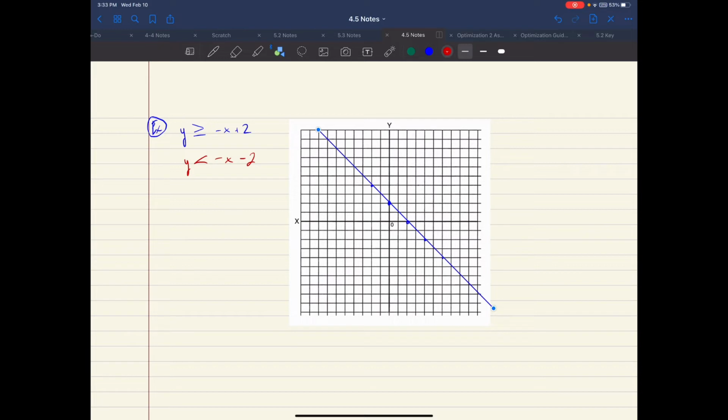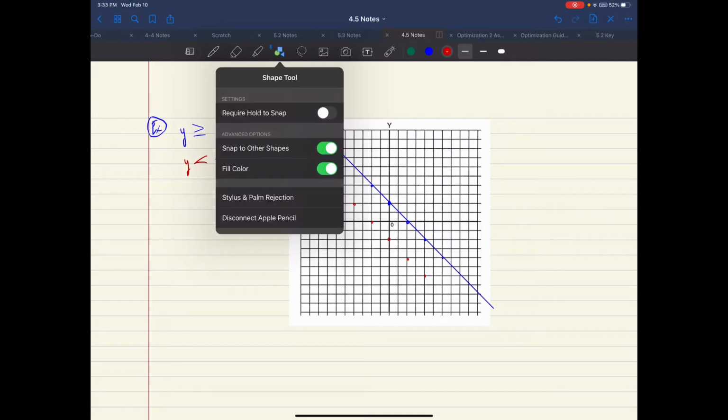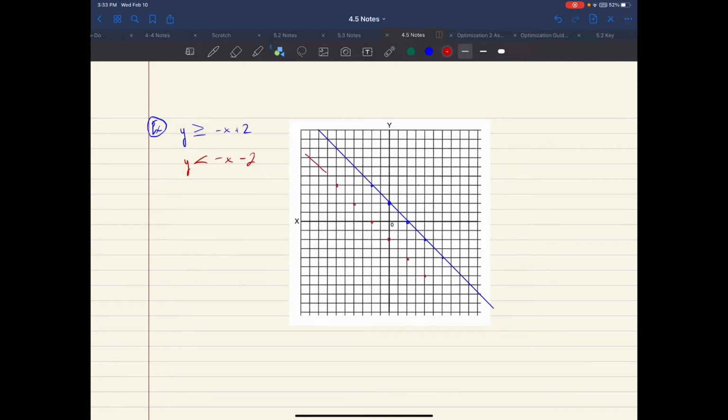And then the red line is going to be less than, and it's negative x minus 2. So it has an intercept of negative 2. And remember I said that the solution region is where the shaded regions intersect.